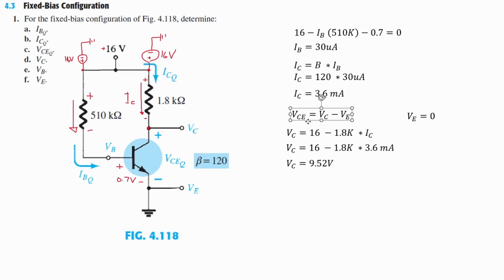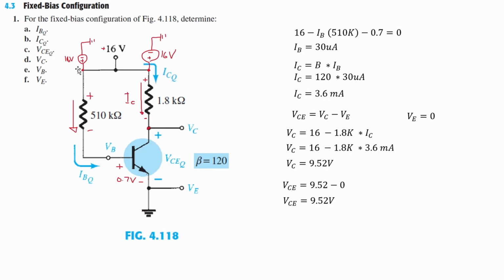Ang VCE, going back to this formula, ang VC is equal to 9.52. Ang VE is equal to 0. Therefore, VCE is equal to 9.52 volts. Okay, so nasolve na natin ang VB na lang. So we will be doing the same technique.